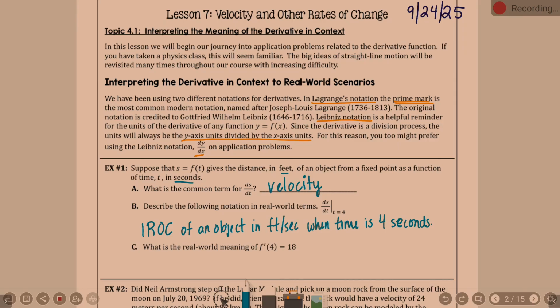When t is 4 seconds, the velocity of the object is 18 feet per second.